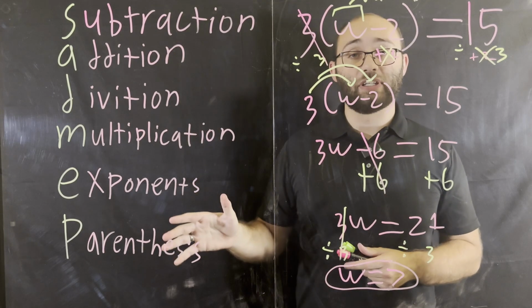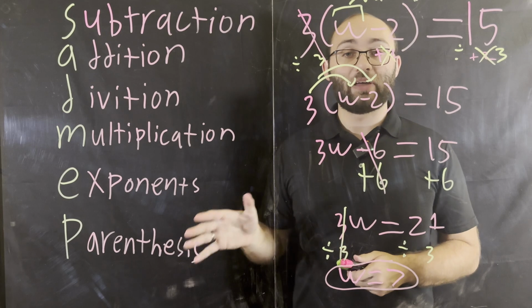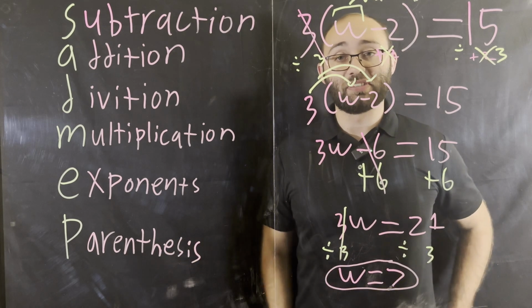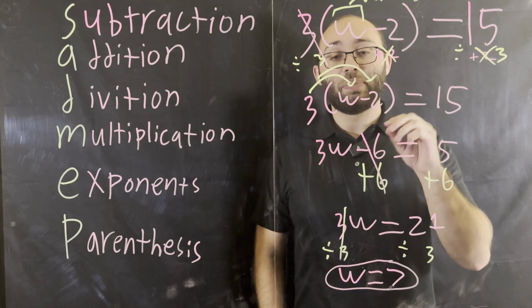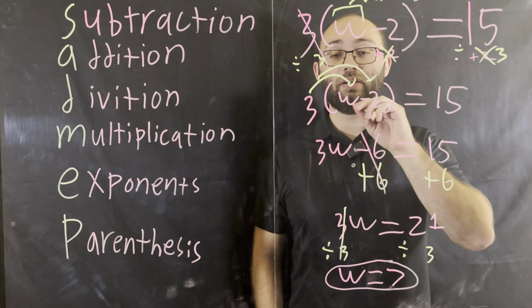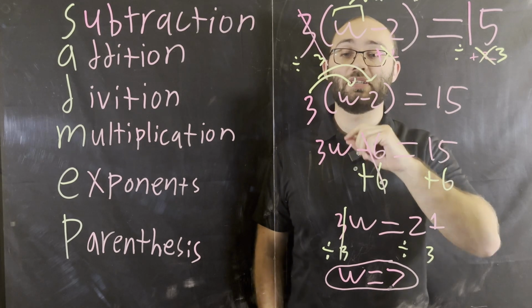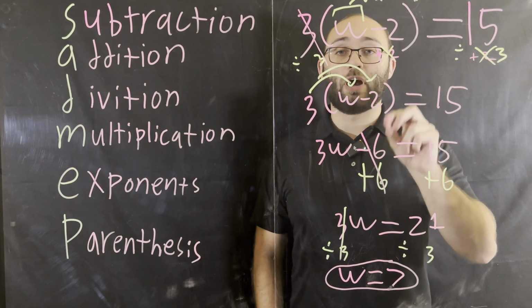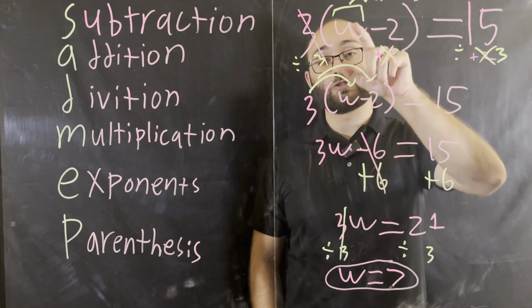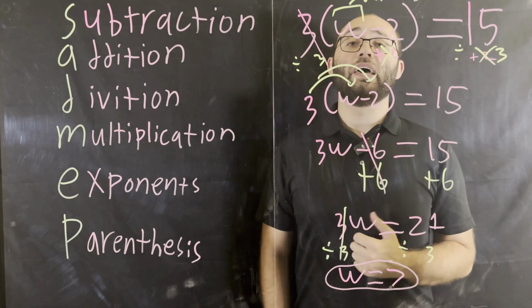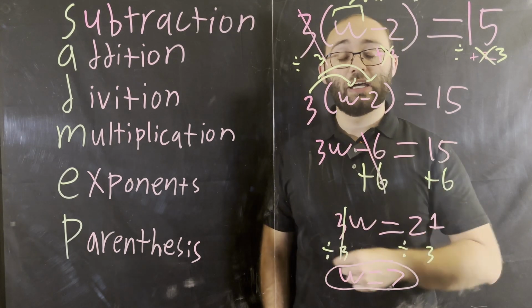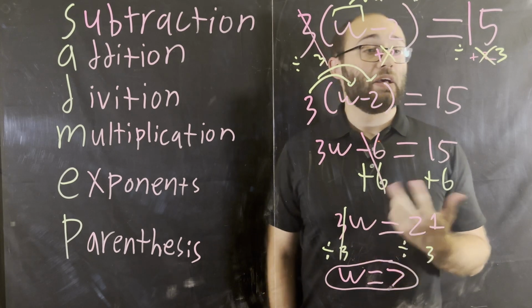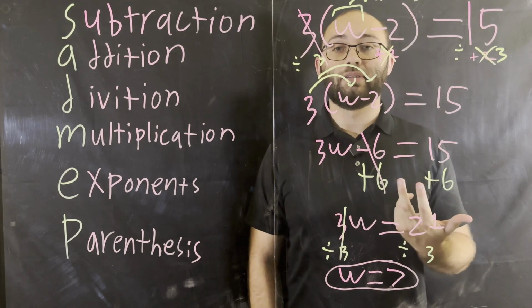I still suggest using it. It's still the way that you should go about these, but watch out for your parentheses. They can be tricky because you can't always go inside of them and start messing with things. Usually you need to drop them first, whether that's by distributing or doing something else, and then you can start following your SADMEP. Okay, let's look at another problem that's a little bit spicier.